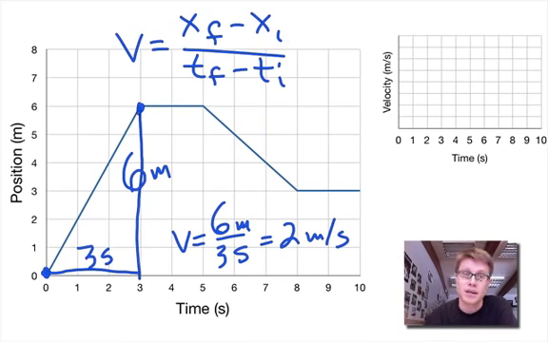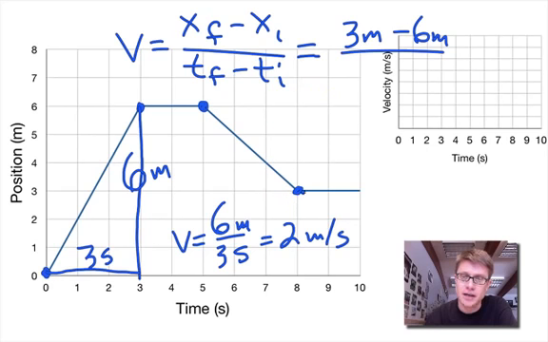So to solve that in a more roundabout way, let's go down to this next one. So let's go right here and figure out the velocity of the man here. Well, if we look down here, the final position is 3 meters. The initial position is 6 meters.